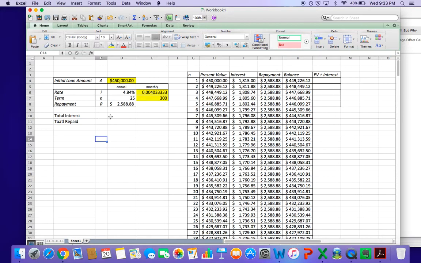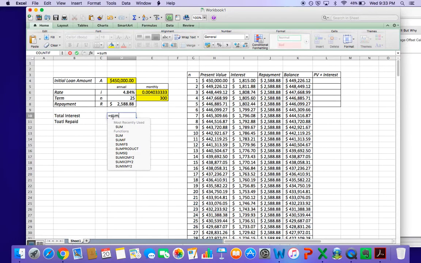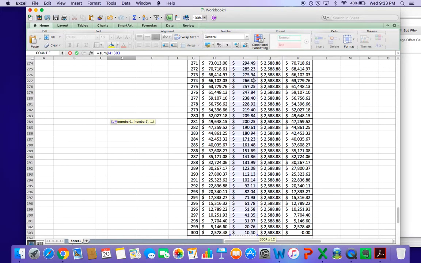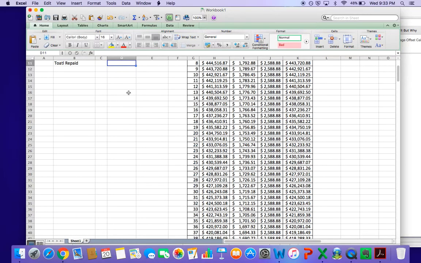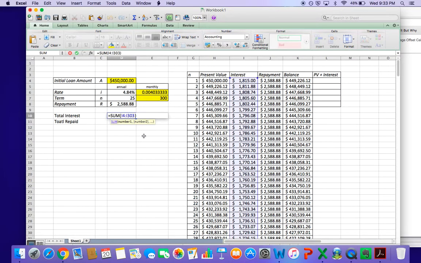So we can do it a couple of ways. I'm just going to go SUM of this column here, and if we use Control Shift down, I think I'm on a Mac here, so I'm going to have to do Command Shift down, Enter, and there it is. So you can see that's the sum of that column.